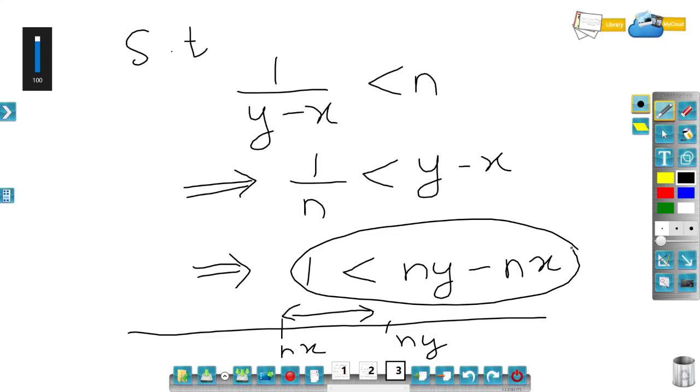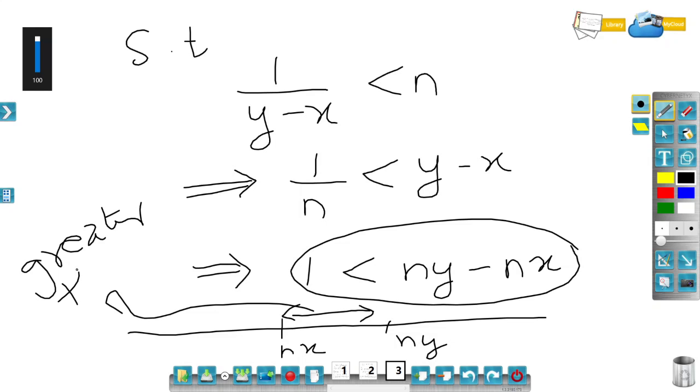When I say ny minus nx, it means that the distance between ny and nx is greater than 1. If this distance is greater than 1, that means definitely there will be an integer between nx and ny.